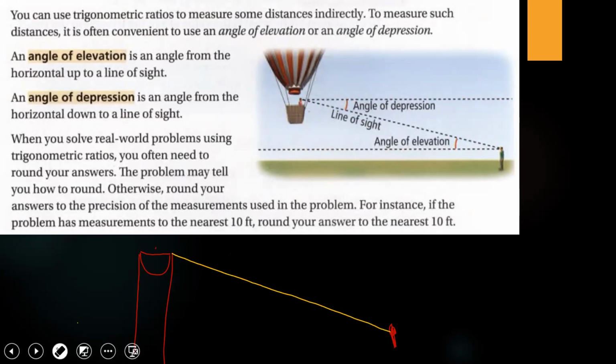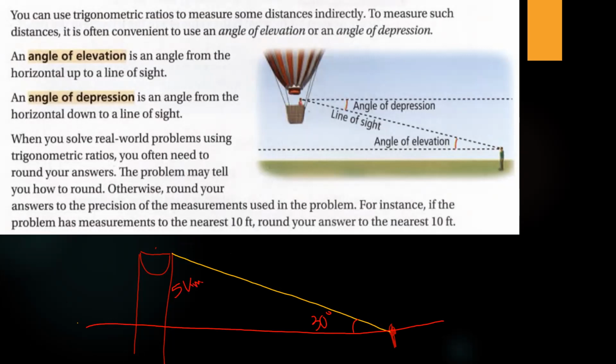Then I will ask myself, if my angle of looking at it is 30 degrees, as an example, and I know that the height of the Kingdom Tower is 5 kilometers, as an example, these are numbers from my mind. So how far am I from the Kingdom Tower?